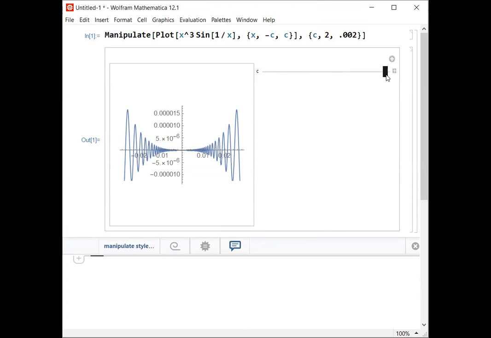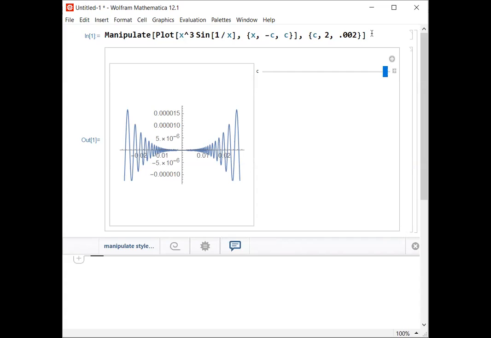Start to zoom in, you can just see the absolutely wild behavior. Well, it's actually not a discontinuity. The limit exists at 0. If I didn't have the x cubed, you would have some kind of discontinuity. It's not differentiable. It is differentiable. The derivative is 0 at 0.